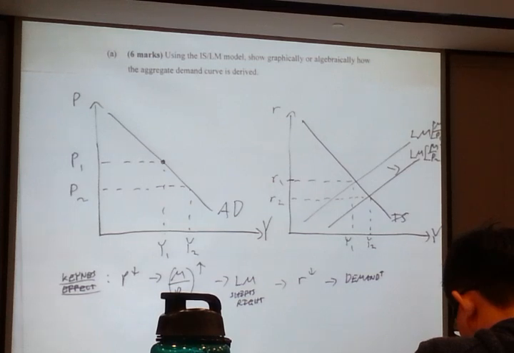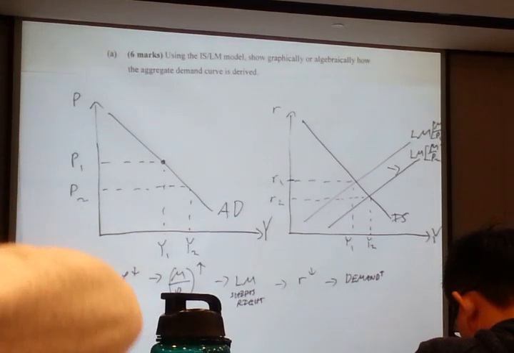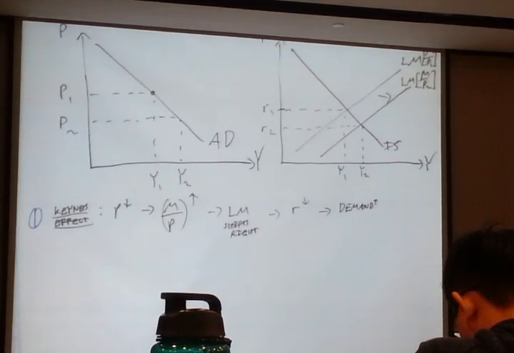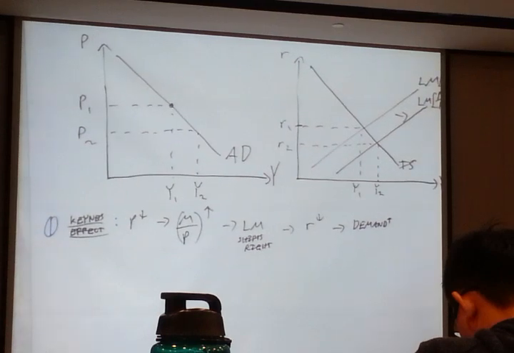Now, just for the sake of completeness, given what I've just said, and you don't need it, what are the other ways you can get the aggregate demand curve to slope downwards? What else is on offer? The Keynes effect is number 1. That's the most common effect that you see.